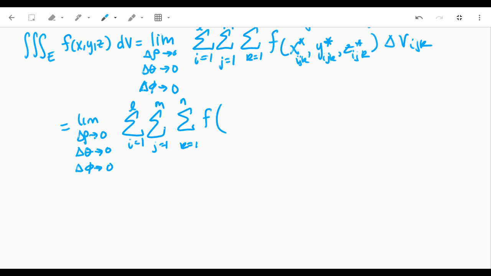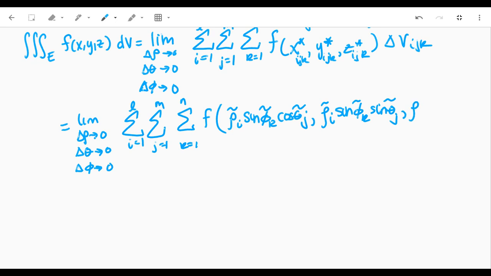Then x is rho I sine phi K cosine theta J. I'm not sure why they choose the subscripts that they do. Instead of using asterisks, for whatever reason, they use tildes. Then y would be rho sine phi sine theta, with tildes. And then remember z is just rho cosine phi.